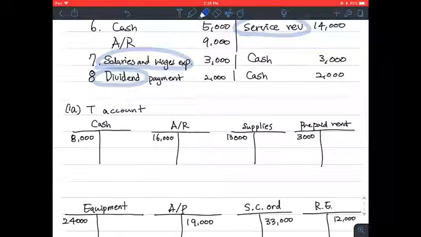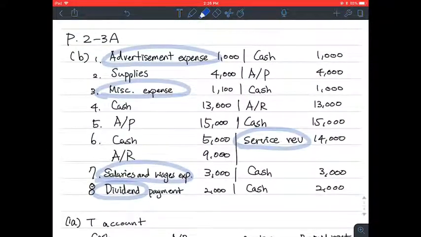So we look at our journal and then try to fill in our T accounts.